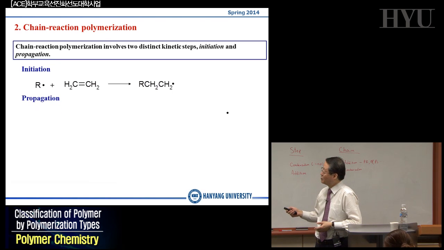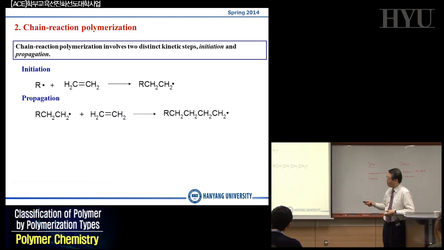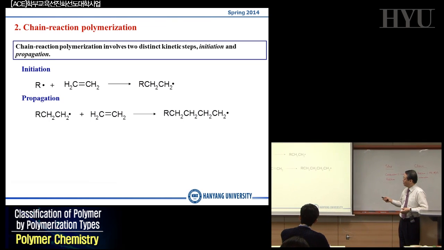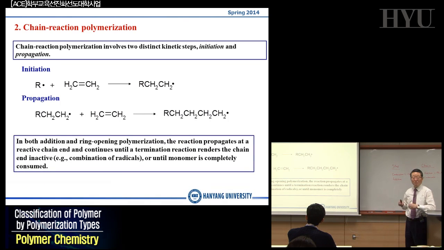Propagation means that the preceding radical will attack this monomer. So you have a growing chain, one radical here on the left-hand side and the other one on the right-hand side as well. This proceeds consecutively and repeatedly to become the final product of your growing chain.